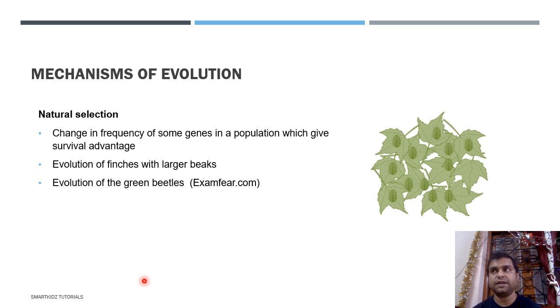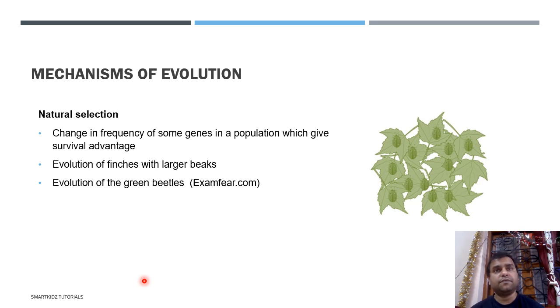They were green in color, roaming around in green bushes, which made it harder for their predators to locate them and eat them. As a result, their population grew. The evolution of the green beetles was caused by natural selection.